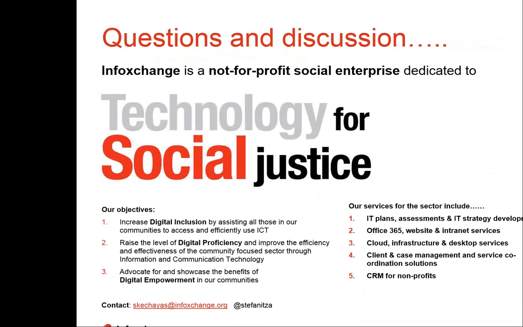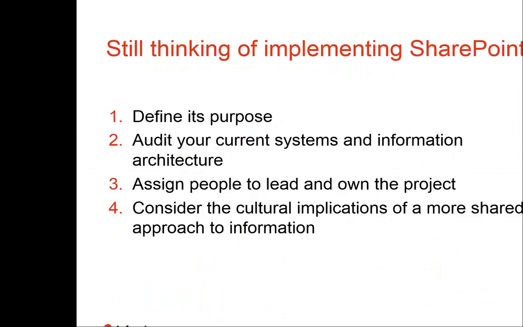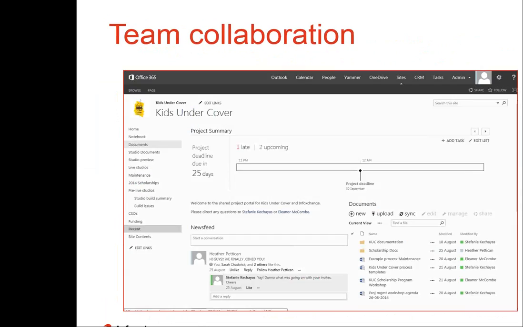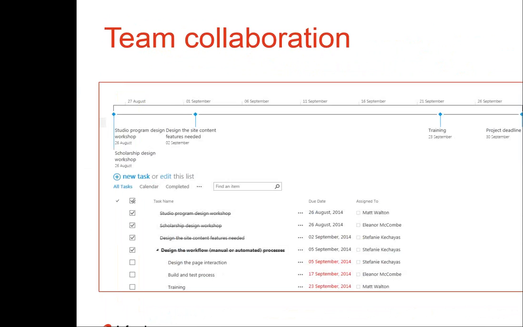Margaret asks, what is a SharePoint list? Good question. I'll see if I can find an example here. Oh, well, that's a SharePoint list. In SharePoint, when you're creating a site, everything is a list or a library.